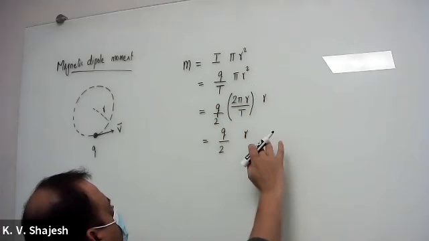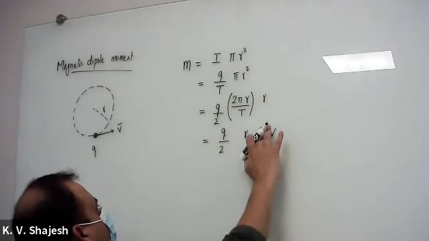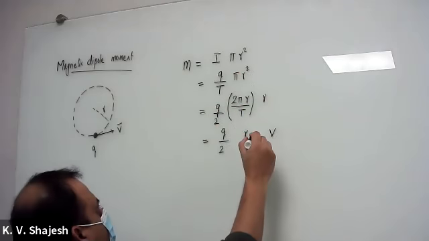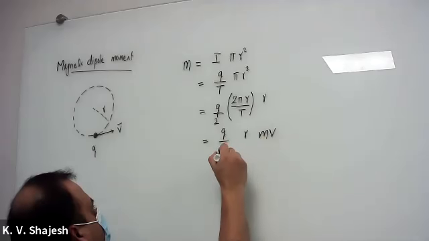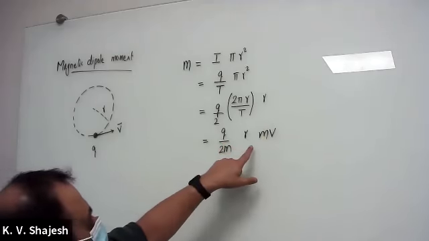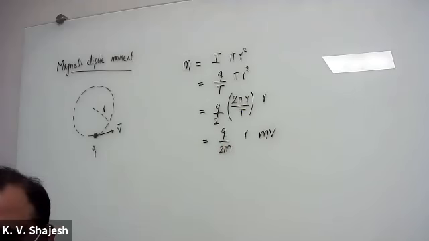Let me write the velocity v a little further, so that I introduce something there. I multiply by m and divide by m there, and we see that there is an r times mv. What is r times mv as far as dimensions go?